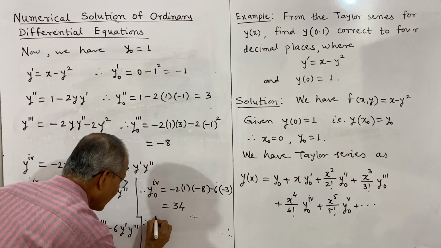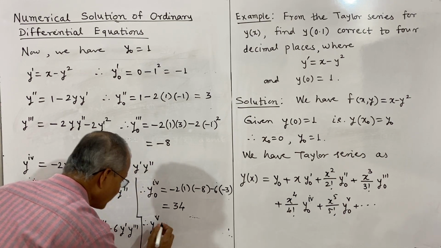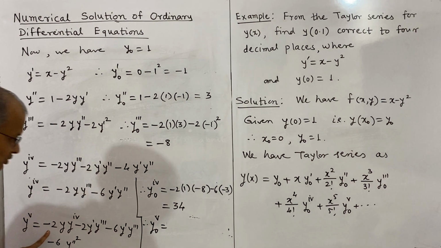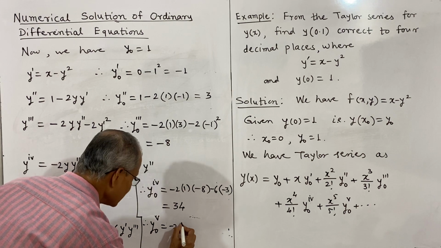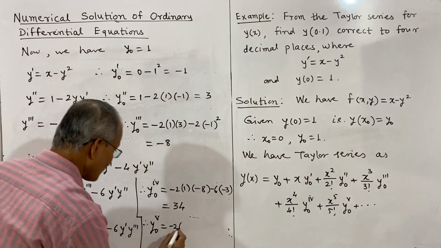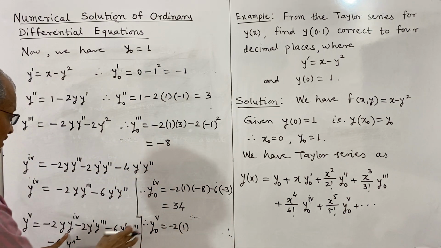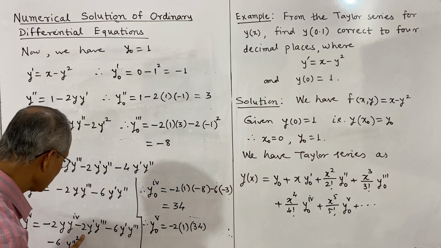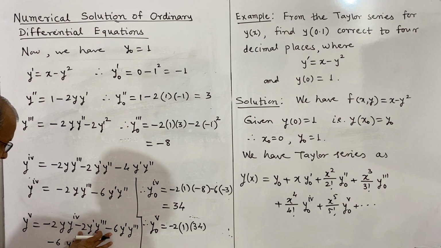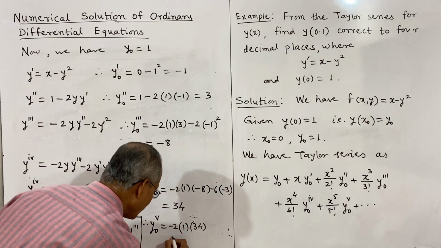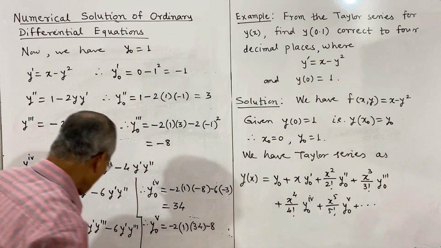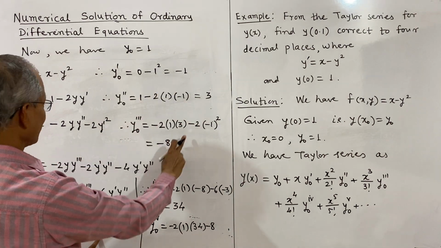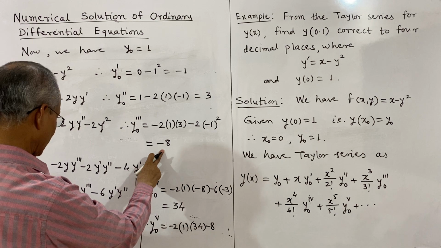Therefore, the fifth order derivative of y at x is equal to x naught, and this is minus 2 y is 1. The fourth order derivative here we have obtained is 34, and this is minus 2 into minus 6, that is minus 8. So, minus 8 times y dash, what is y dash is minus 1 and y triple dash is minus 8.